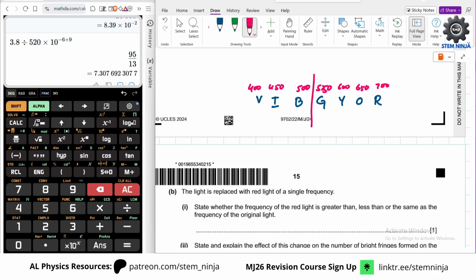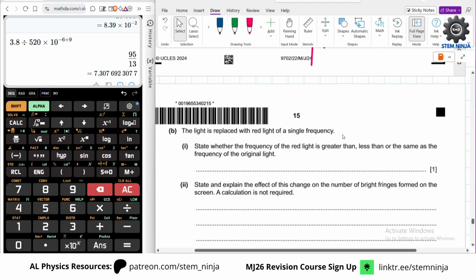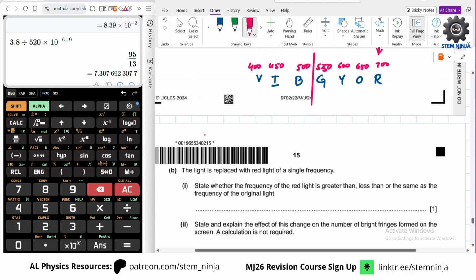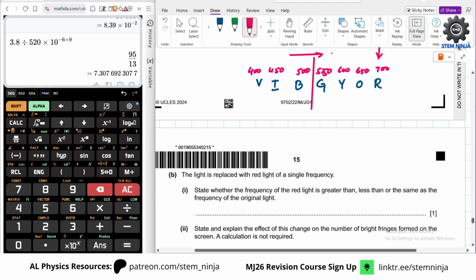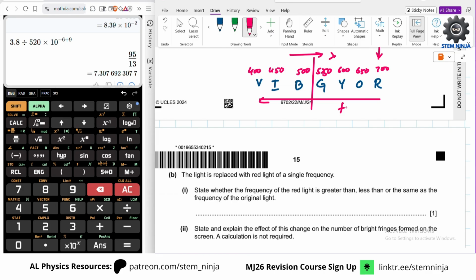So 520 is somewhere in between. Red light of a particular frequency would be around 700. So this is the order of the wavelength. Order of frequency would be lower. So the frequency of red light is lower than the original light.